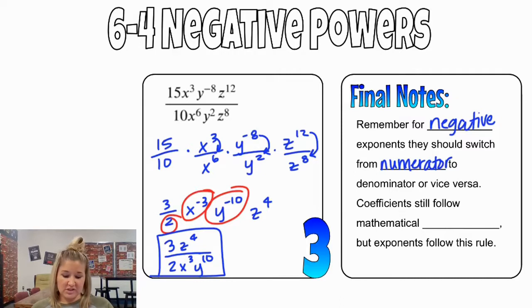Remember that coefficients still follow the mathematical process. A negative coefficient does not mean that it automatically needs to become a fraction and go down to the denominator. You've been working with negative numbers for several years now. That's not how that works. So negative coefficients still stay the same. They stay in the numerator. And then our negative exponents are what make those go down to the denominator.